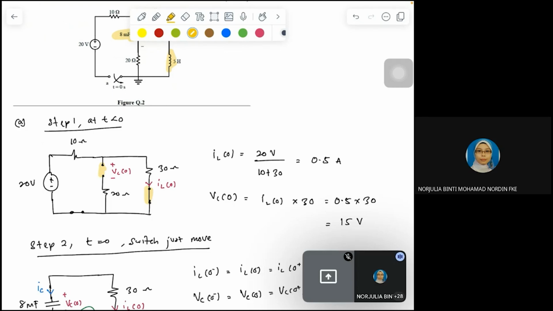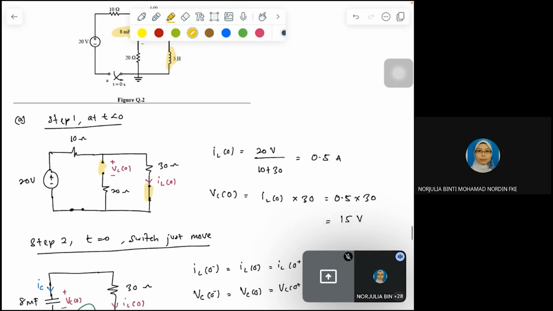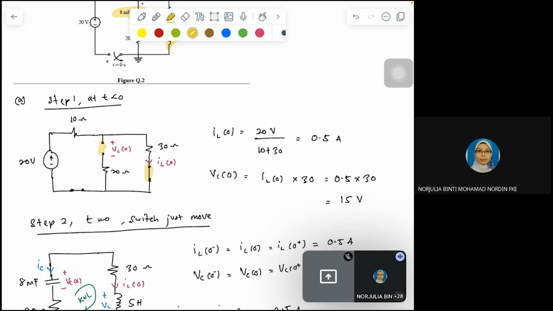You no need to apply your method of analysis here, just Ohm's law, and find your IL initial and VC initial, which is equal to 0.5 amps and 15 volts respectively.